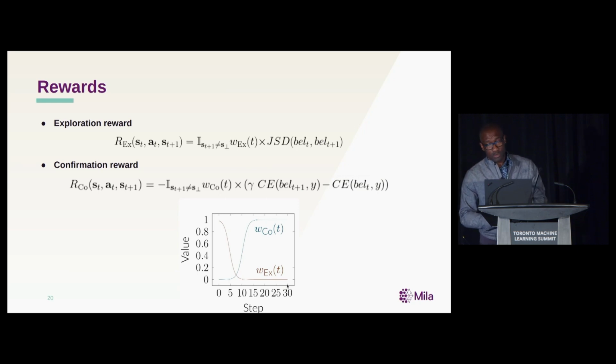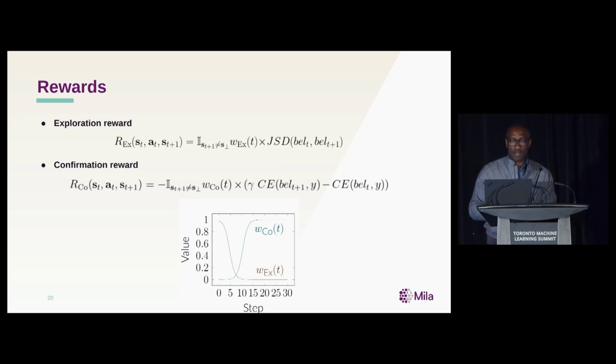For the confirmation reward, we will use the usual cross entropy function, and we will try to capture the difference in cross entropy while focusing on consecutive belief predictions.